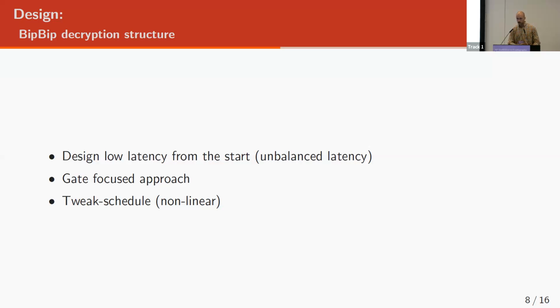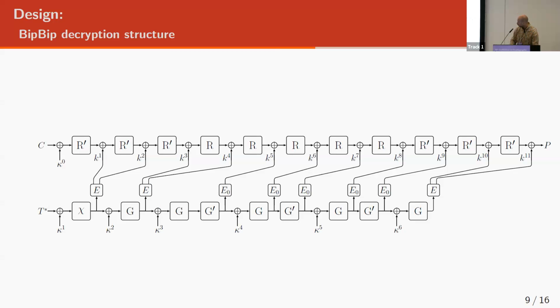Therefore, you want to transform the tweak as much as possible in order to reduce the power of an attacker to use the tweak to make specific attacks, some cancellation, and so on. So we tried to design a nonlinear tweak schedule that can handle the tweak very fast and also cannot be used easily.